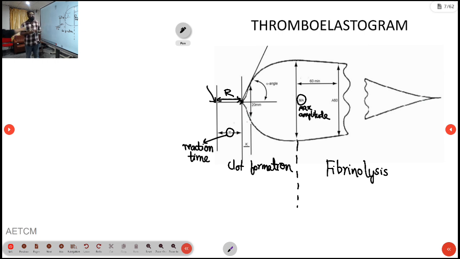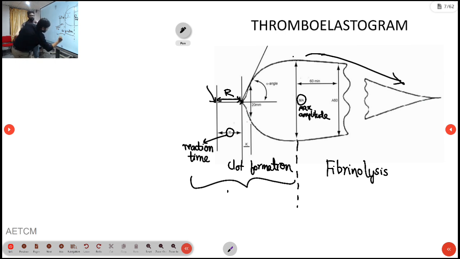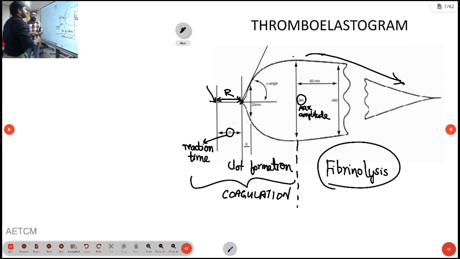So from here till here is the clot formation, and from here onwards it goes down like that. That is the lysis. Okay. So this much is the coagulation part, and here is the fibrinolysis.